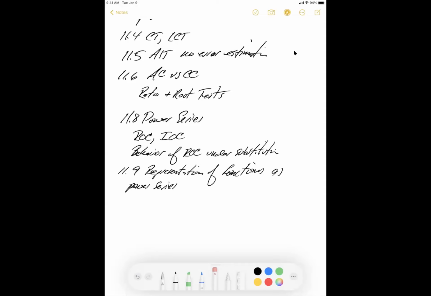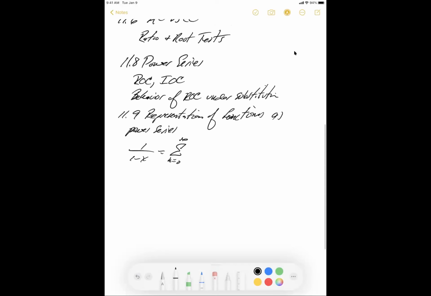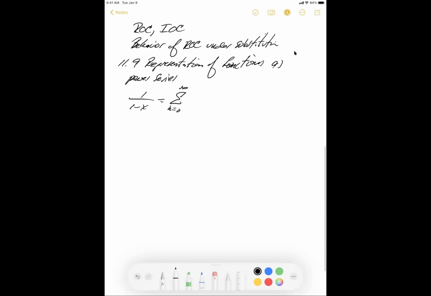The main thing that we use here, of course, is the geometric series combined with differentiation and integration. So we learned how to do that. Differentiation and integration of power series.